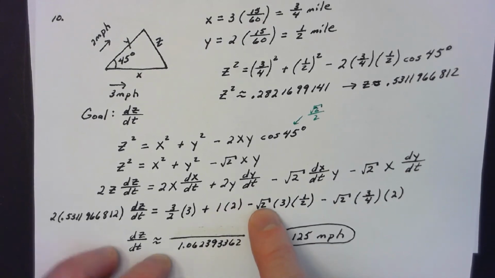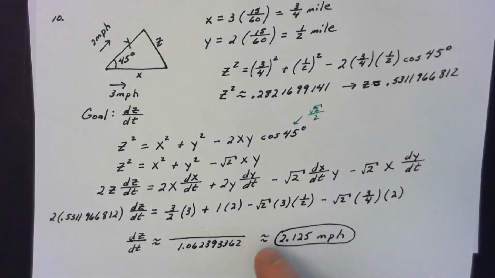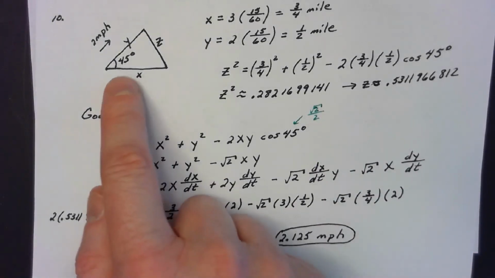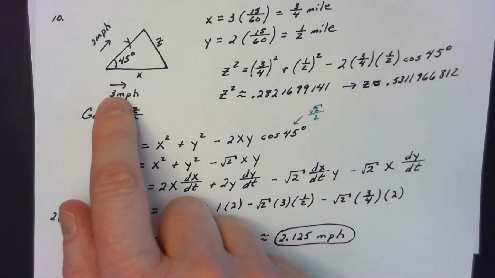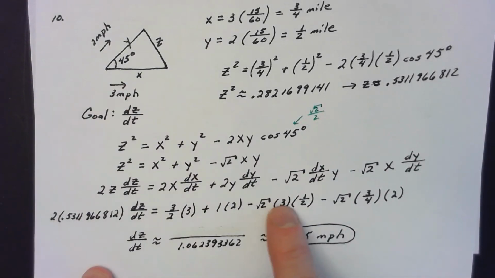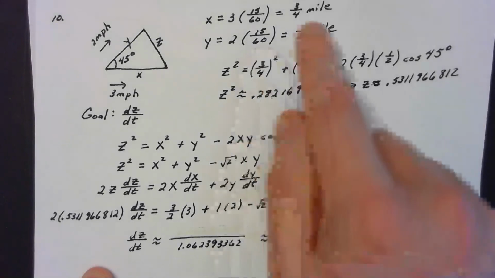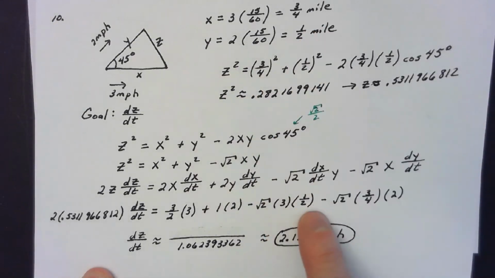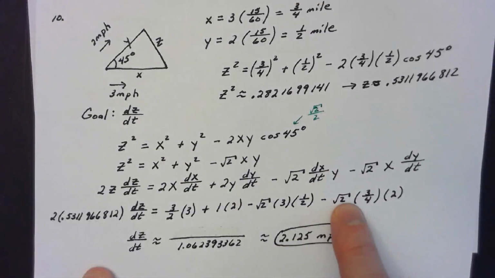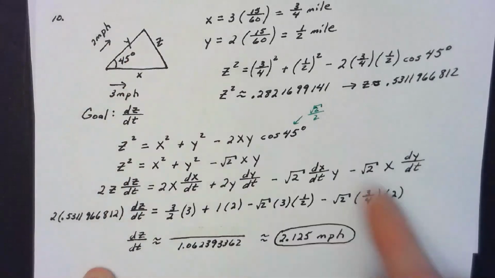Minus the root of 2, and then the root of 2 in this problem is going to be multiplying the dx/dt, which is how fast you're traveling east, the 3 miles per hour, times y, in this case 1/2, and then minus the root of 2 times x. We know x was 3/4, and we know our dy/dt was the rate at which you were traveling northeast, 2.